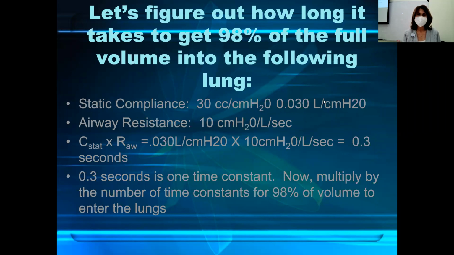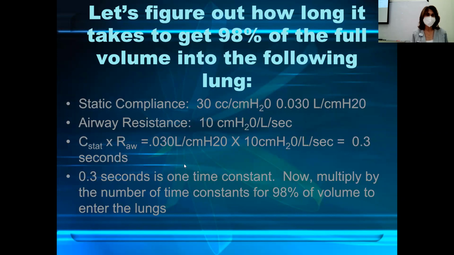Converted to liters is 0.03 liters per centimeter water. The airway resistance, 10 centimeters water per liter per second. The formula for time constants is the static compliance times the airway resistance. So you plug your numbers in and you come up with the answer of 0.3 seconds.